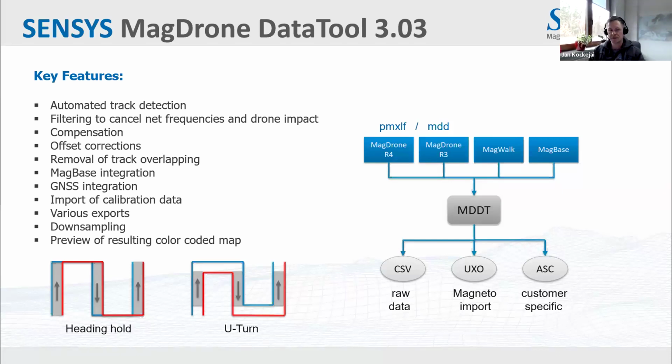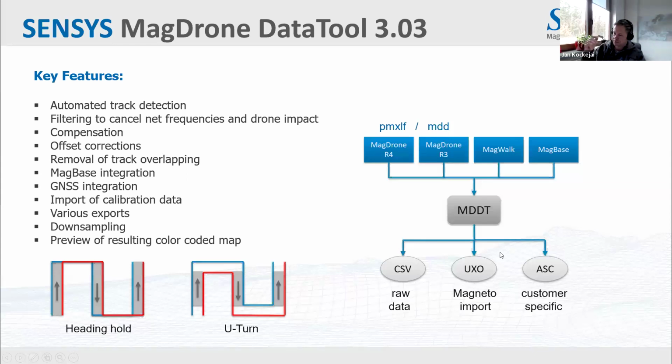The first one is CSV export, and it's really just to make the raw data readable. So you have binary raw data from the systems, and you have the possibility to translate it into ASCII-based data and do all the processing for yourself.